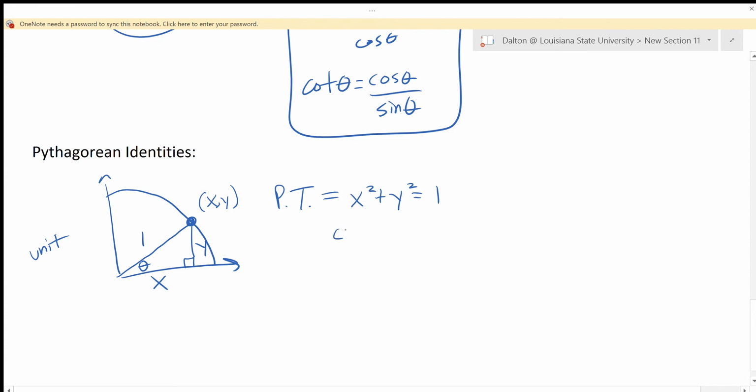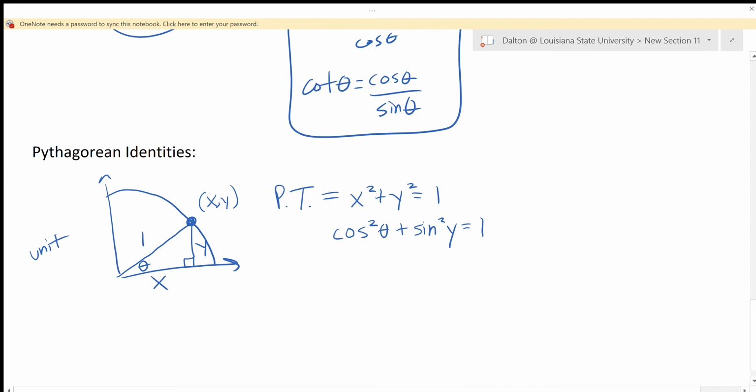Well, x is cosine, so even though x is cosine, that means x squared is cosine squared theta. And then y squared will be sine squared theta, and the sum equals 1.